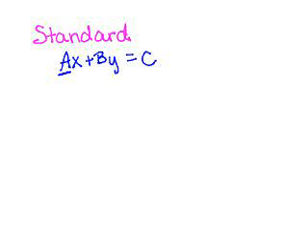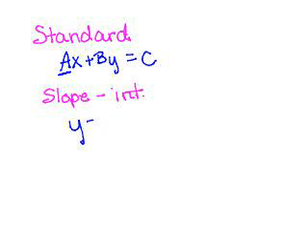Then we also have slope-intercept form, and that is y = mx + b. And our last one is point-slope.